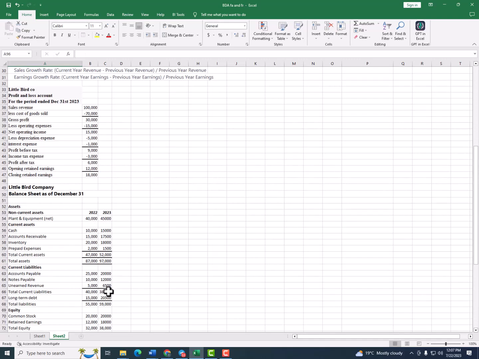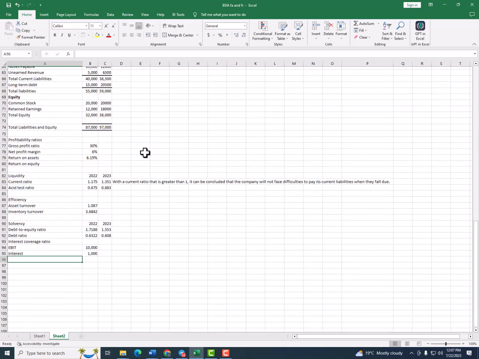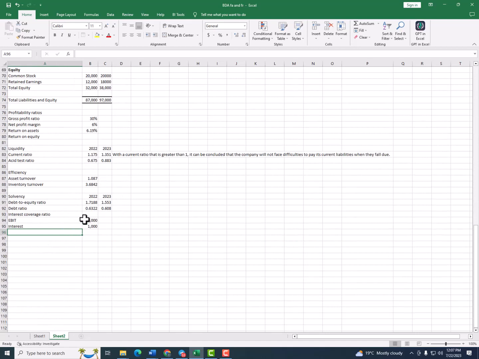And we are told the interest coverage ratio is EBIT, earnings before interest and tax, divided by interest expense. So to calculate that, it is going to be EBIT, which is B94, divided by B95, which is 10 times, right?